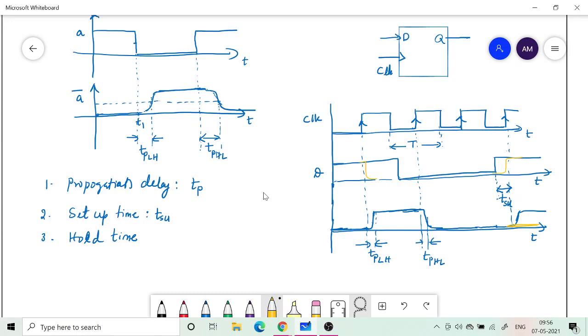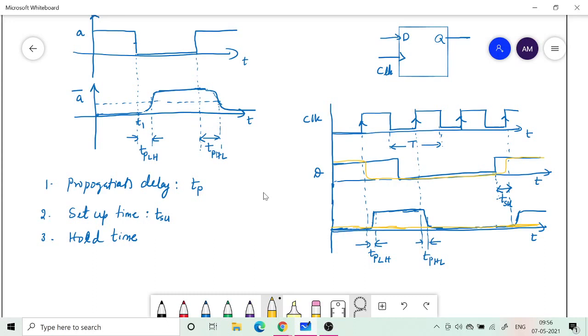So then again the output will not be latched to high, it would continue in low. Okay, so if my D input waveform is like this, then my output is going to remain in low without any change.